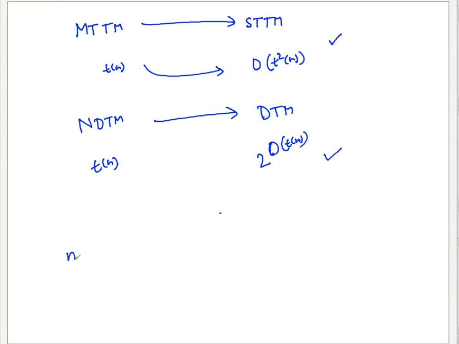If T(n) is 100, suppose, going to the square or cube will be something like 10 to the power 4 or 10 to the power 6. But as soon as you talk about exponential, that means 2 to the power 100, it's a huge number.